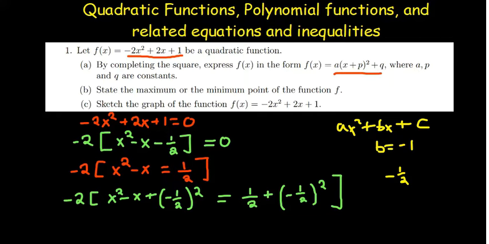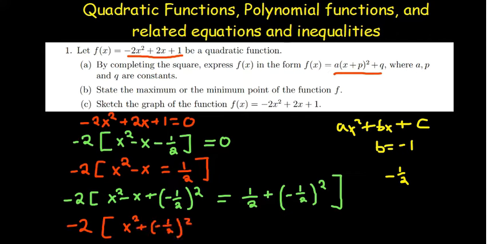The moment you do that, we complete the square by ignoring the b part. So the negative x will go away. We remain with x squared plus negative half squared.